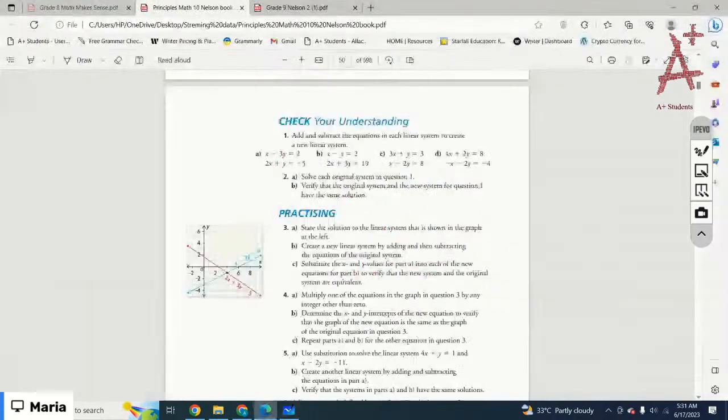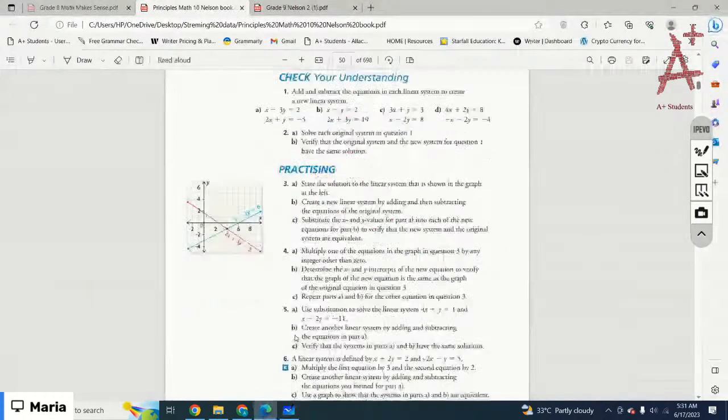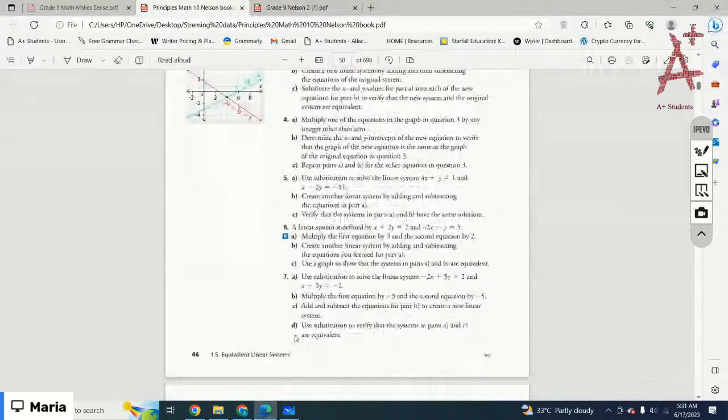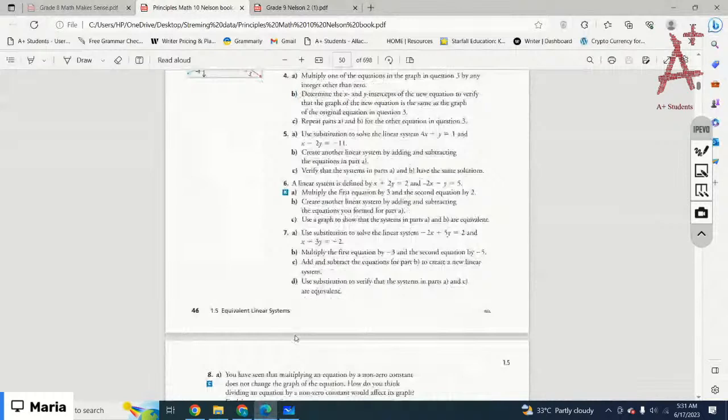Okay, let's look at question number 5. Use substitution to solve the linear system 4x plus y equals 1 and x minus 2y equals negative 11. Let's solve it first.